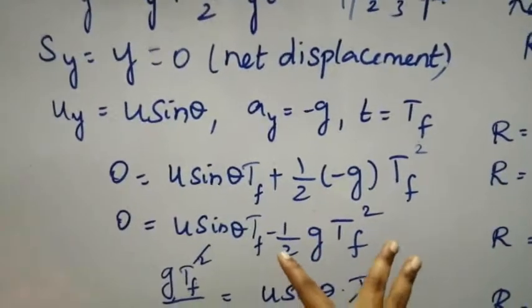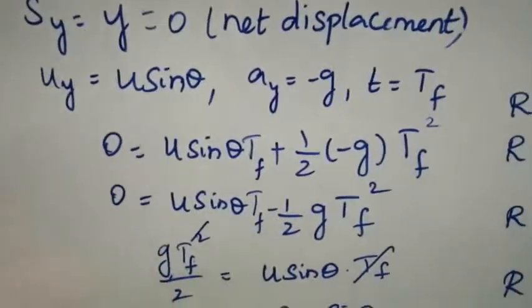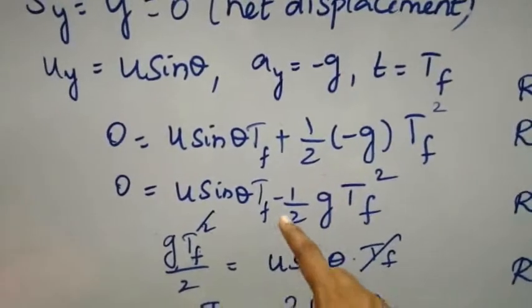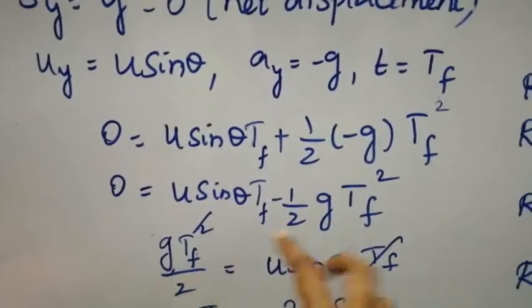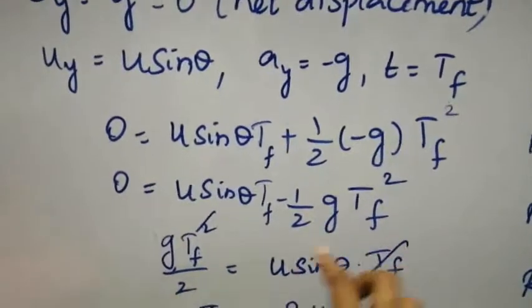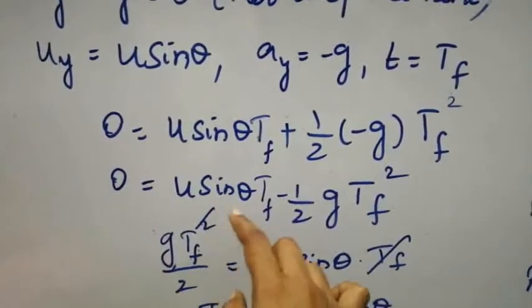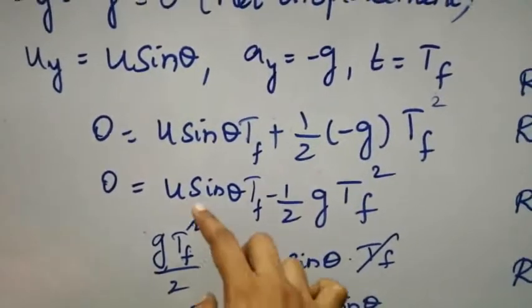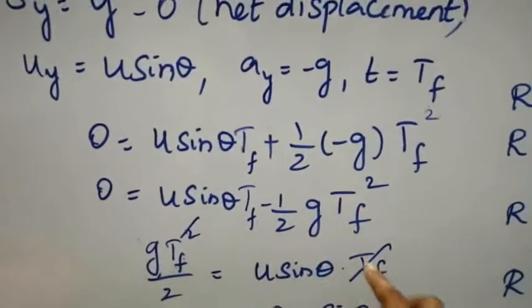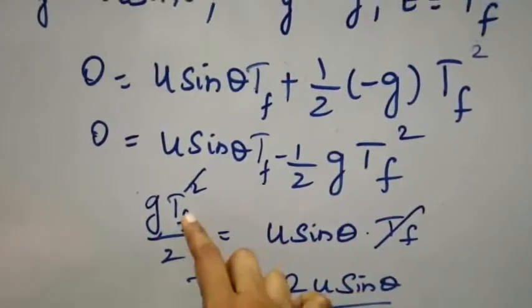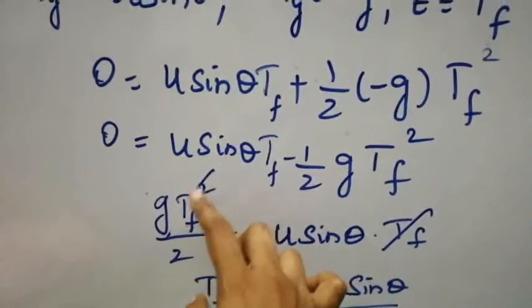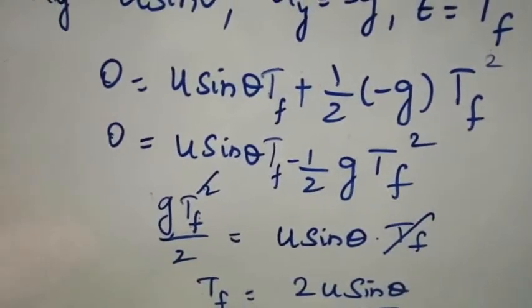Bring this term to the left hand side. It is minus, so it becomes plus. So g tf square by 2 is equal to u sin theta into tf. In this, one side has tf and the other has tf square, so one tf gets cancelled.